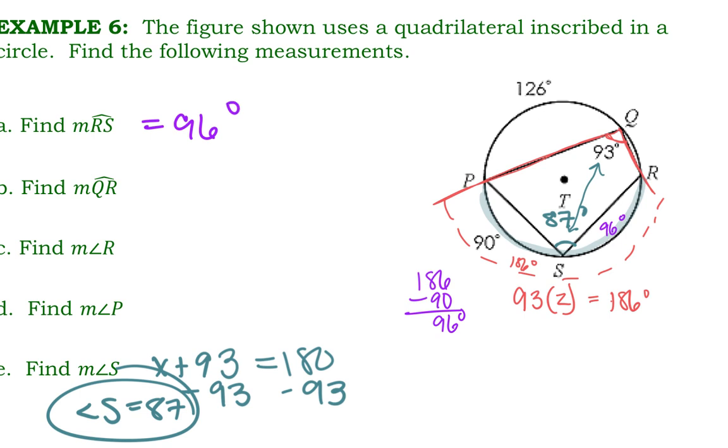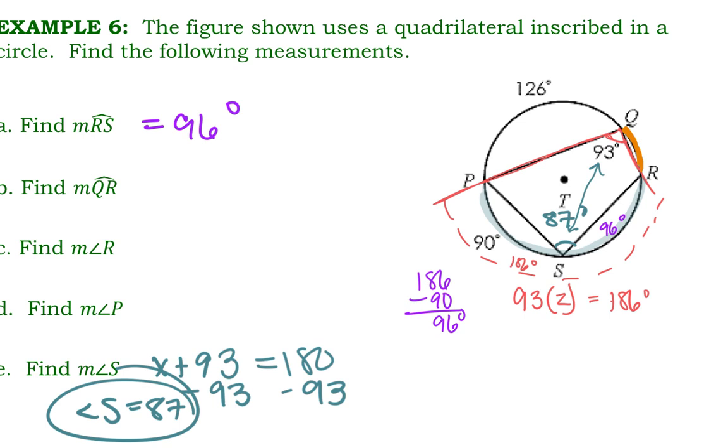All right, so now, Ian, Q to R, Ian. How can I find Q to R? Tell me what you were telling me earlier. And then do what to it? Yeah, so to find this little piece, he says add everything on the outside and subtract it from 360. Now, we can subtract the whole thing. What's the whole thing already? The whole thing is 186, and then subtract 126.